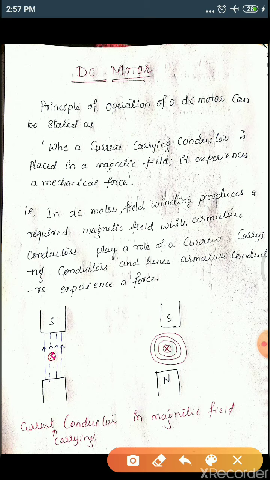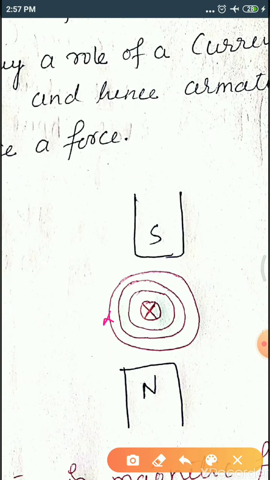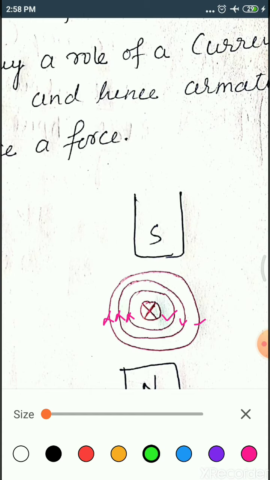Let's assume that the flux of this conductor takes its direction like this, and it completes in this way. The magnetic field direction of the magnets is from north to south.